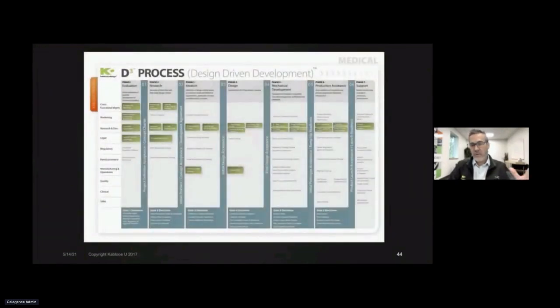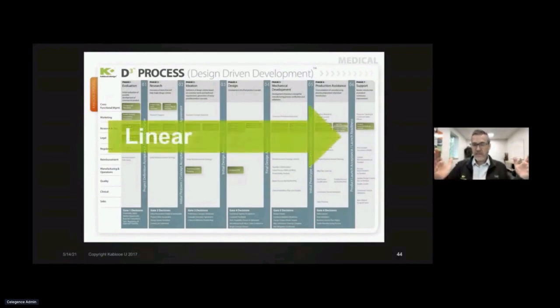So when we go through this entire process from left to right, we use those activities that I described, and it's a very linear process. But the thing to remember is that there are iterations throughout this linear process, and these iterations start out as big iterations when we're early, but as we get further and further down the process, these iterations get smaller and smaller and more focused on minute little details and minute little pain points that we're discovering, and we're not redoing the entire design by the time we get to the end.